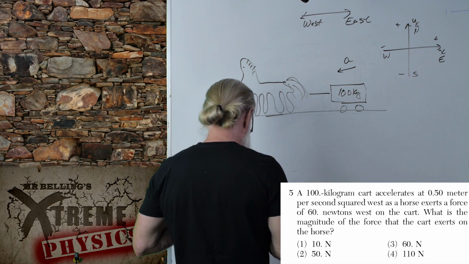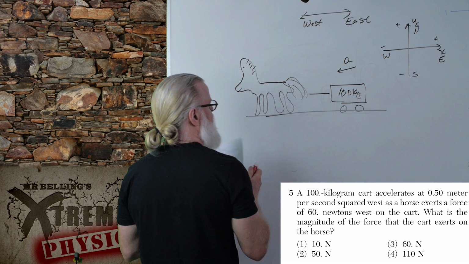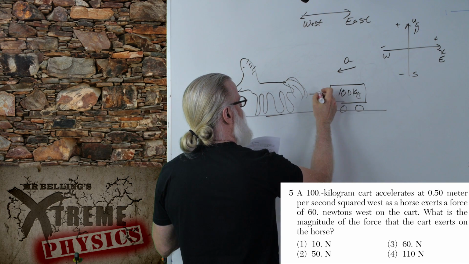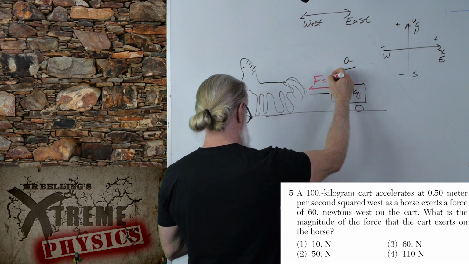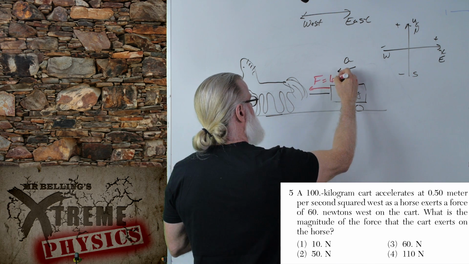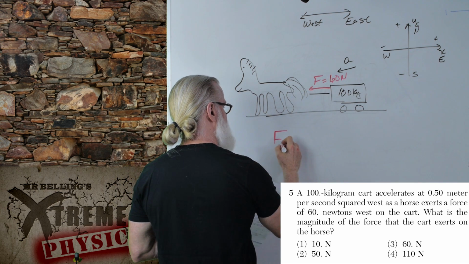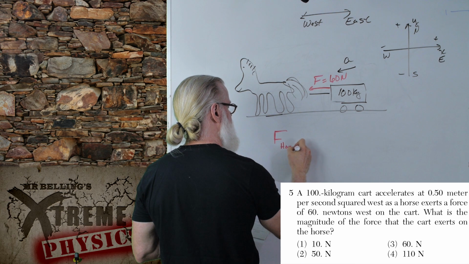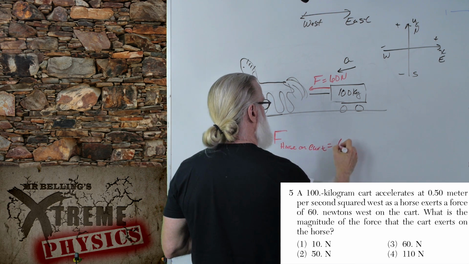So the horse is applying a force. I'm going to apply the force in red, right? So the horse is applying a force this way, by pulling on it, and that is 60 newtons. So force of the horse on cart equals 60 newtons.